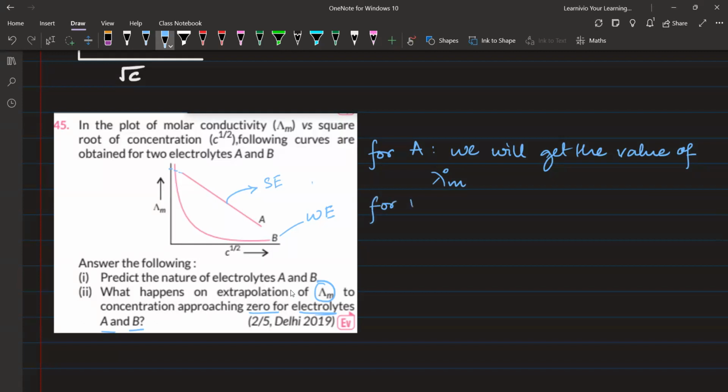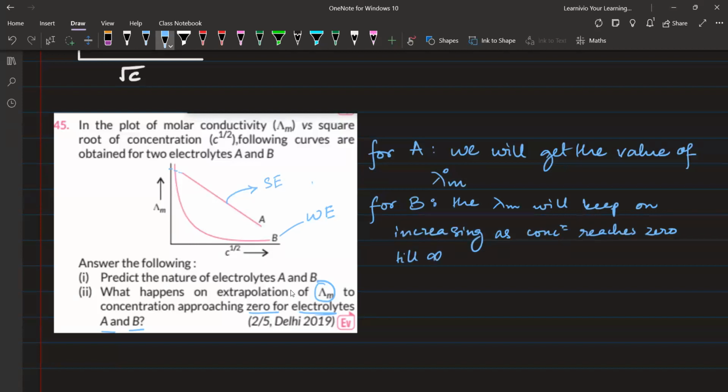For weak electrolyte, the lambda m will keep on increasing as concentration reaches zero, till infinity, you can say. Therefore, it is not possible. Therefore, you can write lambda naught m of weak electrolyte cannot be determined.